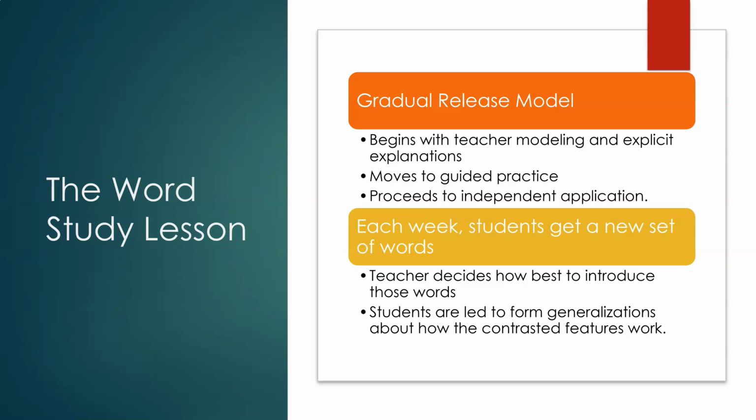And then we move to that guided practice and we proceed to independent application. So remember I talked about word study doing both a constructivist approach and a direct instruction approach. So this is the way that works. So it's a gradual release model. So you've got that direct and explicit instruction in there, but still students are engaged in constructing things.